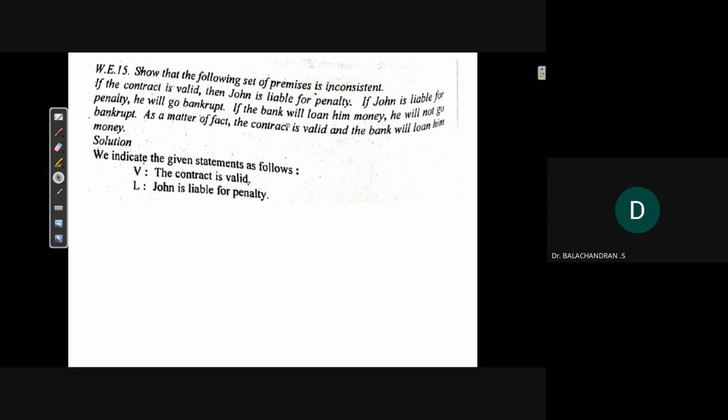As a matter of fact, the contract is valid and the bank will loan him money. Okay, so first one, V. V is the contract is valid. L is John is liable for penalty.